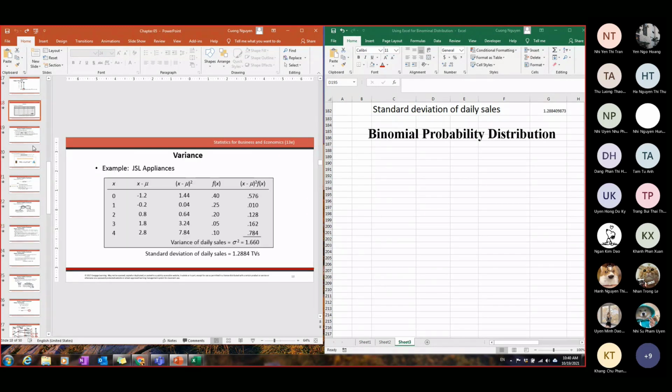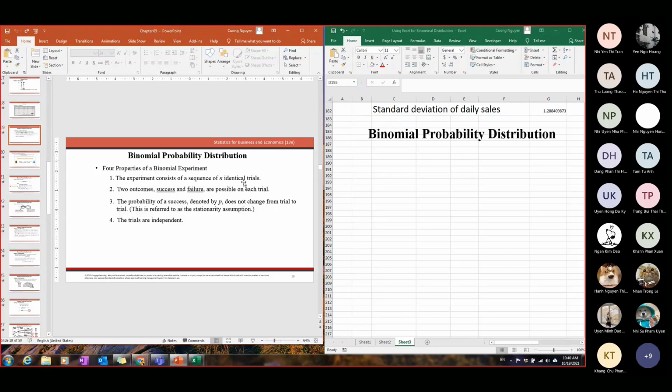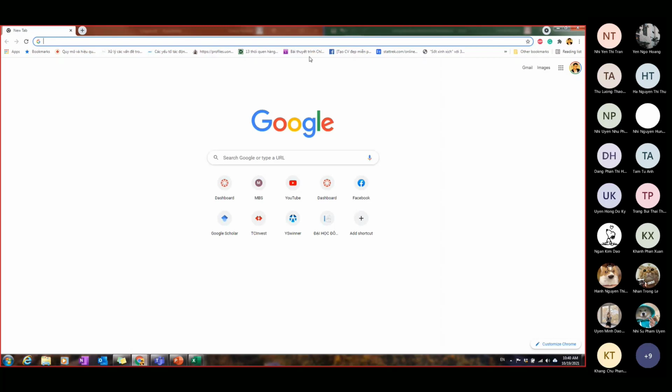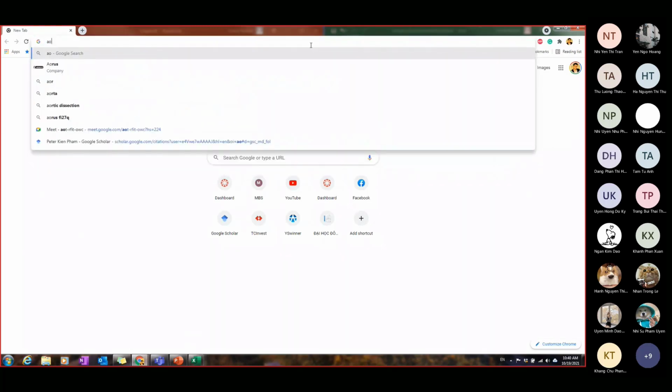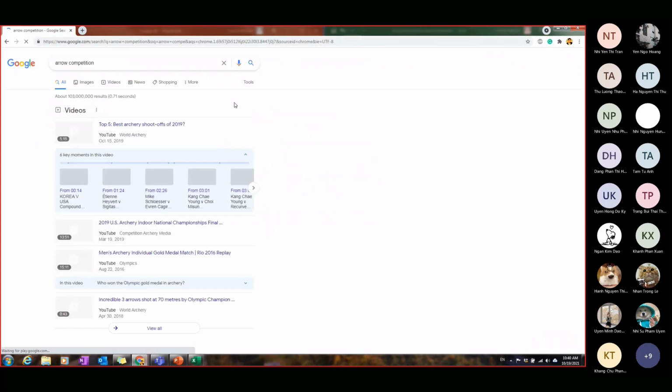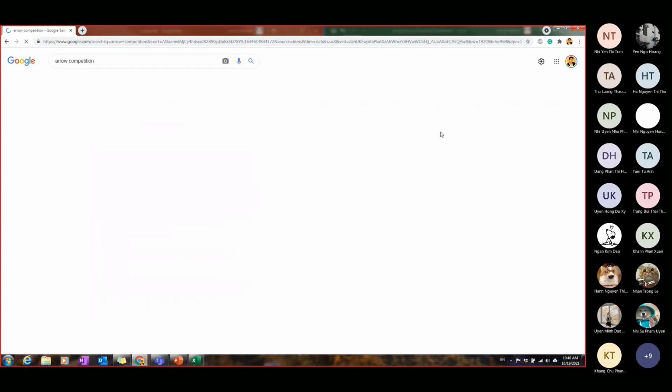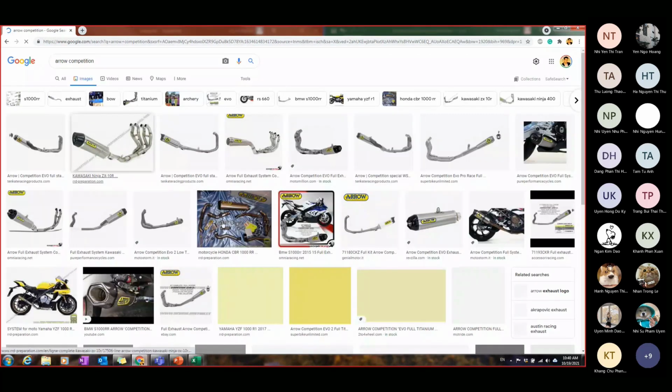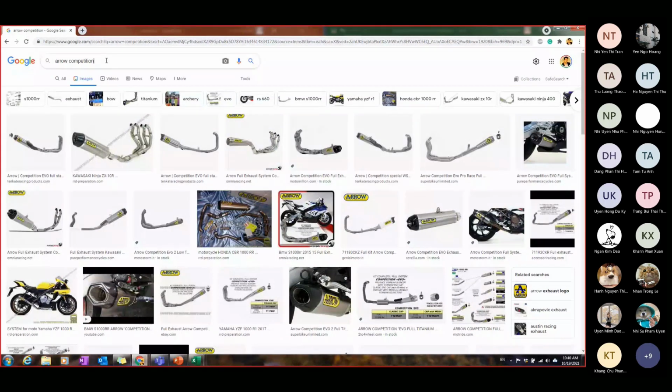So for shooting, like an arrow competition. In an arrow competition, what does it mean? Arrow shooting.